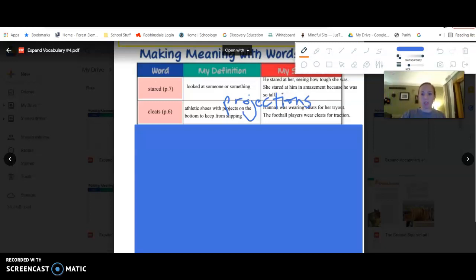Projections on the bottom to keep from slipping. And then Hannah was wearing cleats for her tryout. The football players wear cleats for traction. You can also call the things on the bottom of the shoes cleats themselves. So just sort of a different way. In this case, it was talking about the shoes.